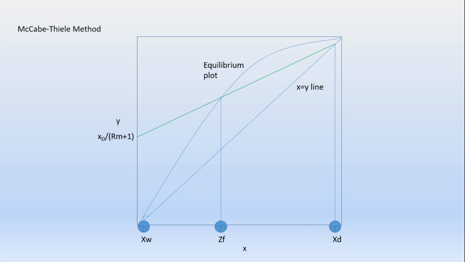The intercept on y-axis is XD by Rm plus 1. So this Rm is the minimum reflux ratio, which corresponds to the infinite number of stages in the column, because at this point the operating line, the enriching section operating line, is intersecting with the equilibrium plot.